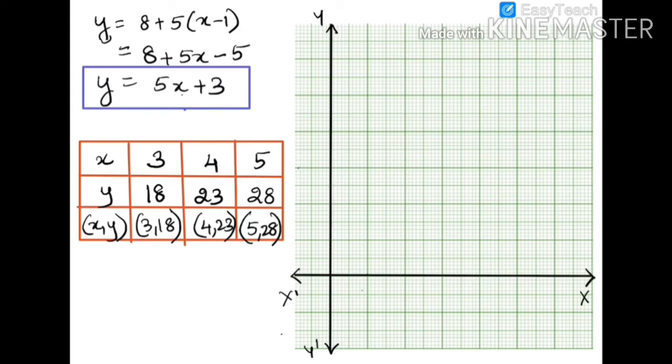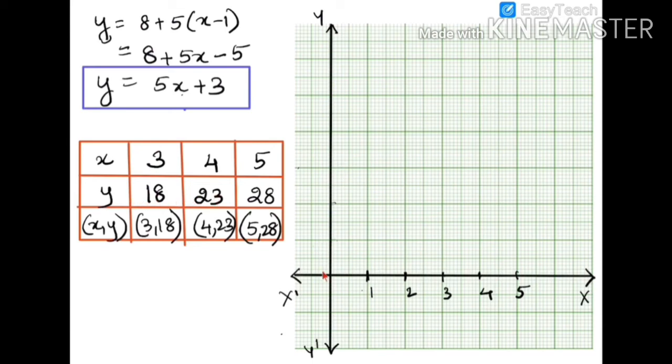On the x-axis, we will mark numbers 1, 2, 3, 4, 5. And on the y-axis, we have to represent numbers till 28. So we will have to choose a suitable scale on y-axis in order to represent all these numbers.